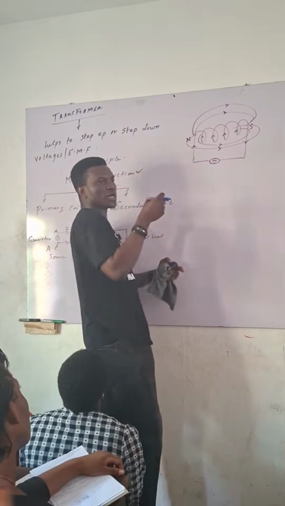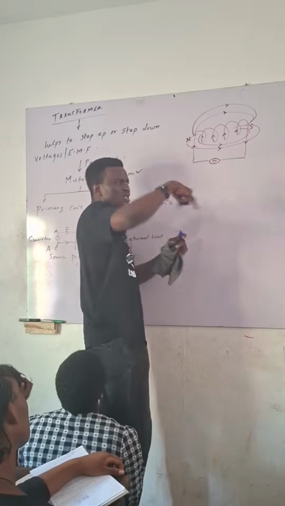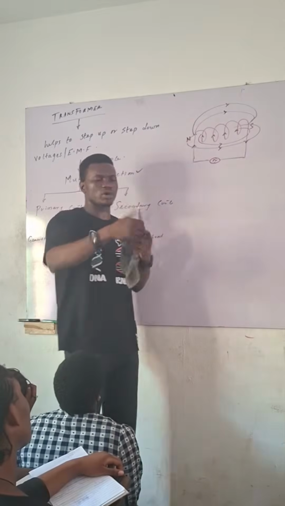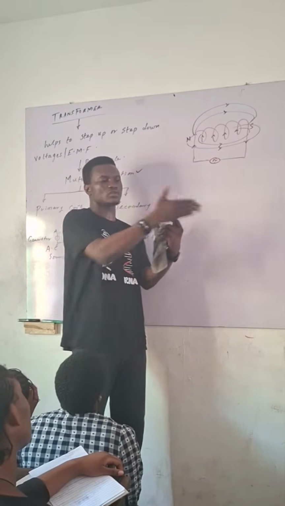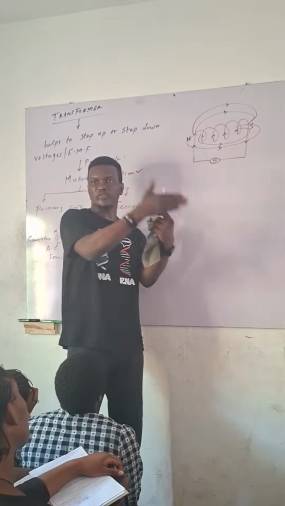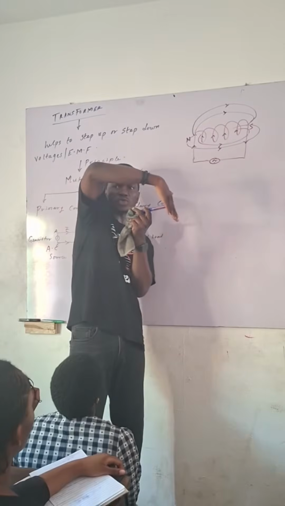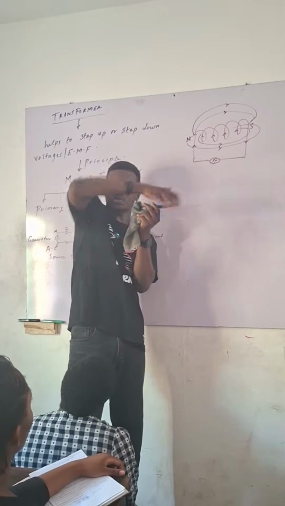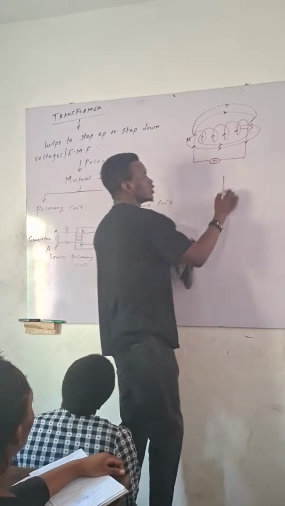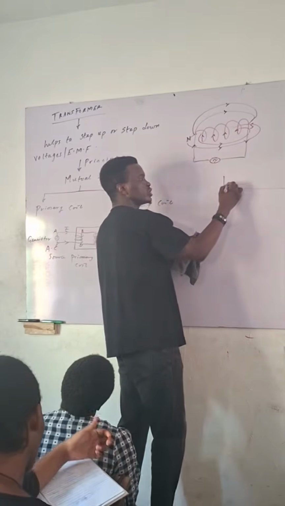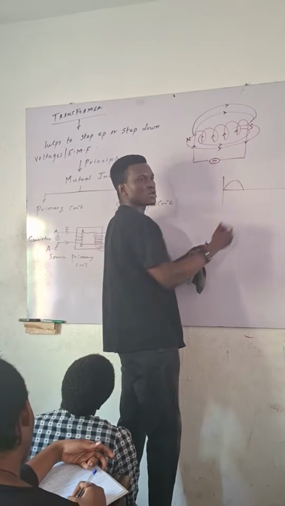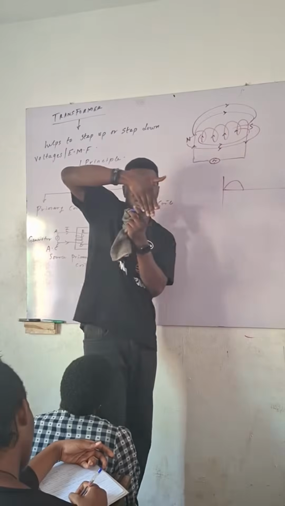Then, when you are rotating the coil, we said there's a time that the coil will be flat. It will not be going through the field. Then when you rotate, it will go through the field. When you rotate again, it will be like this. There's a stage, that's why that graph was looking like this. At a stage, the voltage will be high. At a stage, it will be zero. At the stage that is zero, it was like this.